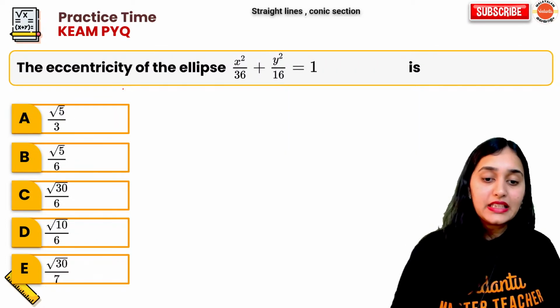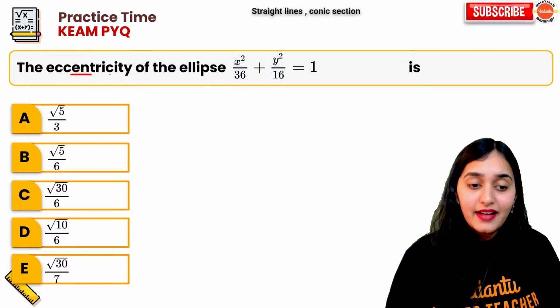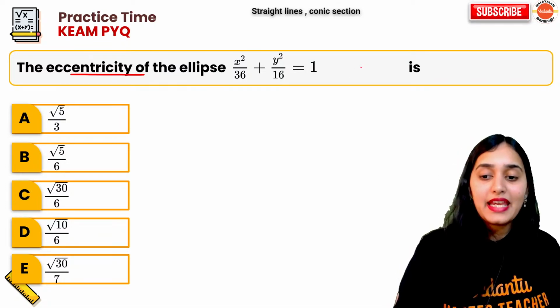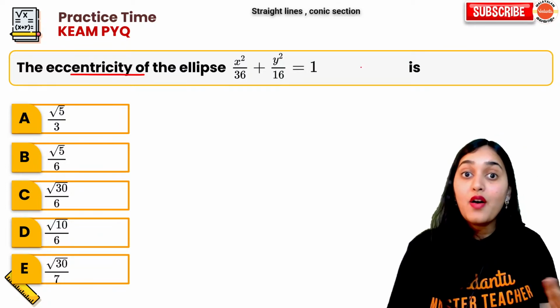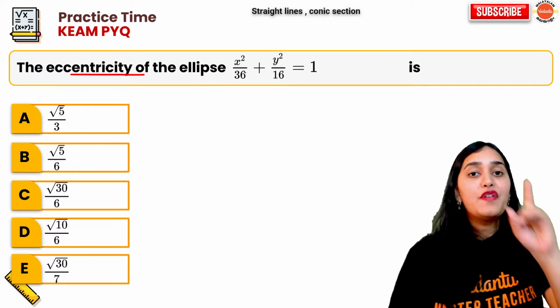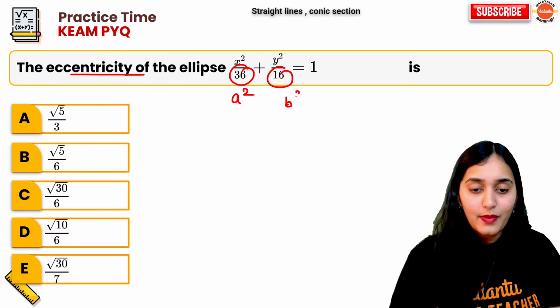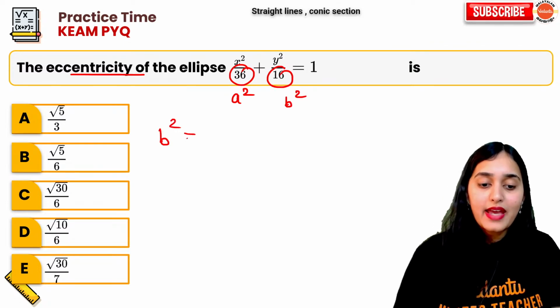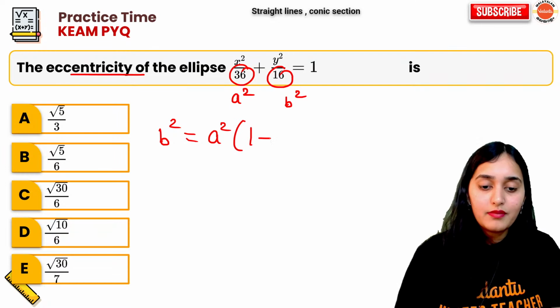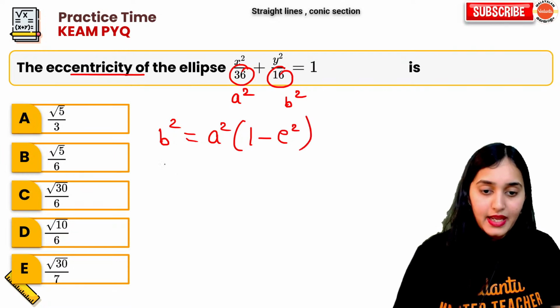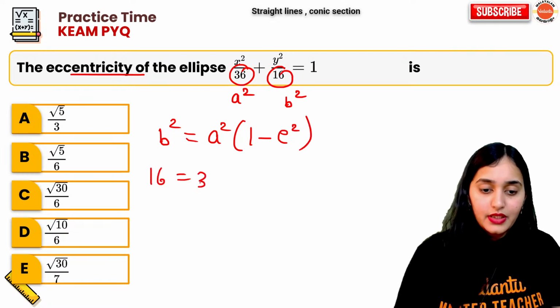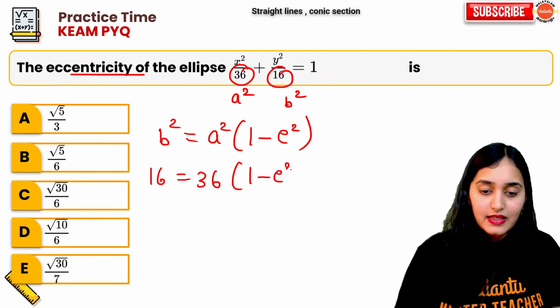Okay, next. The eccentricity of this ellipse is dash. How do you find eccentricity? First, this is a square, this is b square. What is the formula? b square is equal to a square into 1 minus e square. 16 is equal to 36 into 1 minus e square.